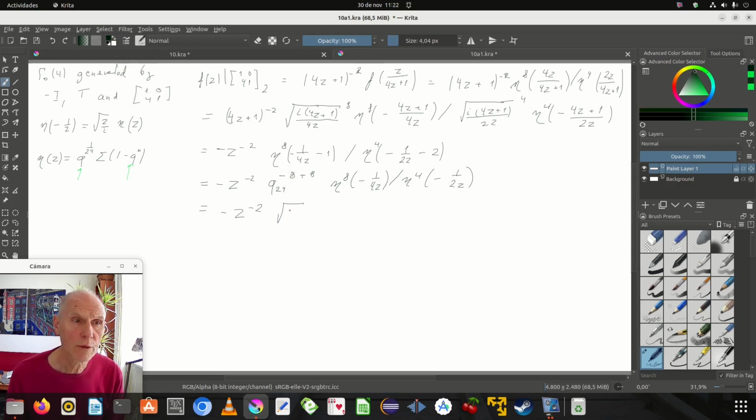So it's square root 4z divided by I to the 8th, square root 2z divided by I to the 4th, they must be divided, times eta to the 8th of 4z divided by eta to the 4th of 2z.